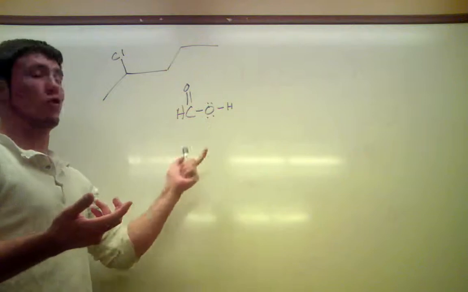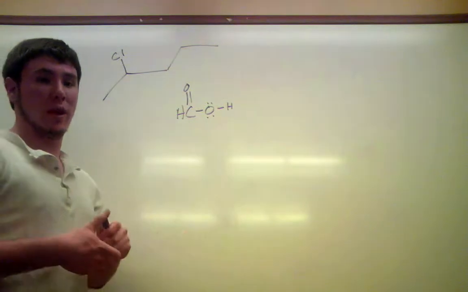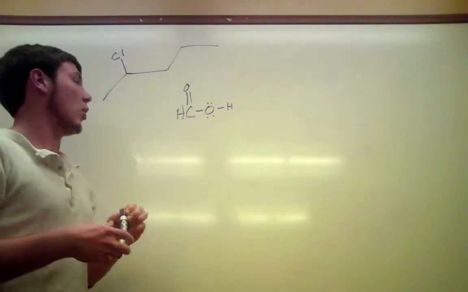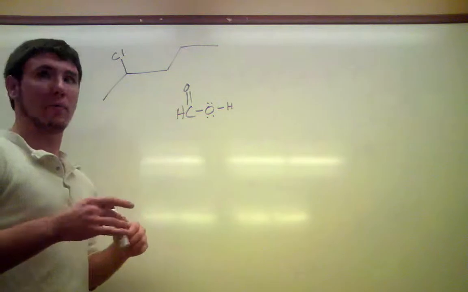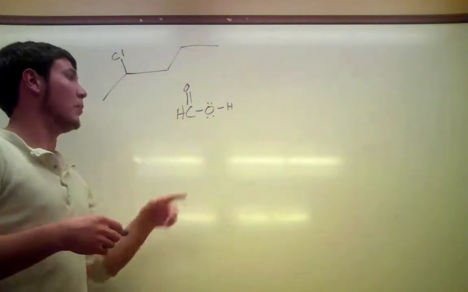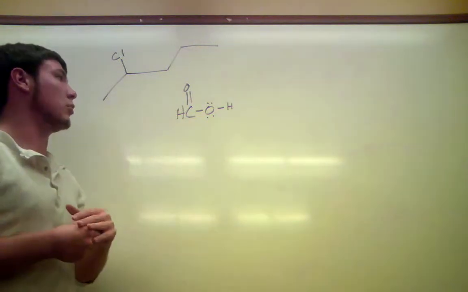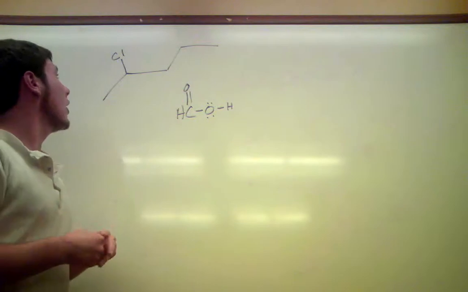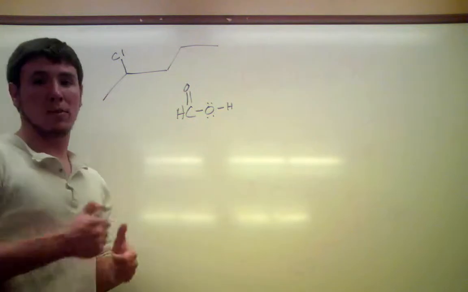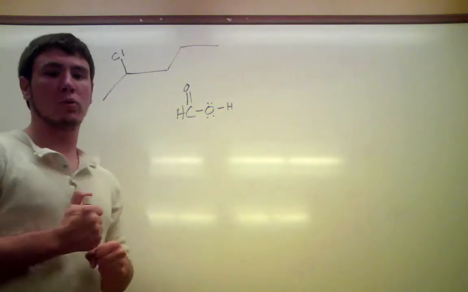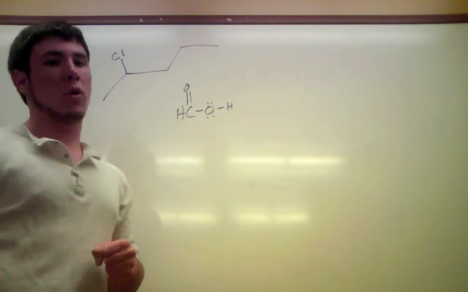It's not charged, which means that it's not going to have a real strong desire as a nucleophile, but we do have some lone pairs here, which means we can form some bonds. So since it's a weak base and a weak nucleophile, we are going to assume that it carries through with an SN1 or an E1 reaction.